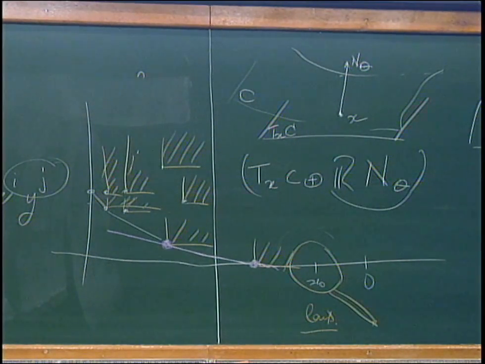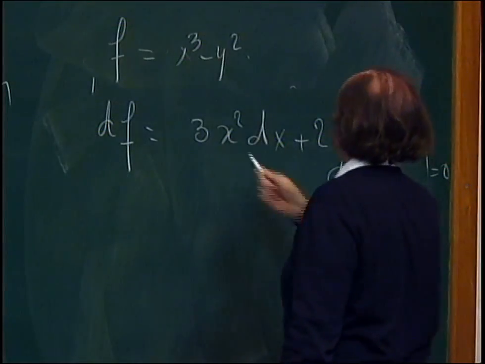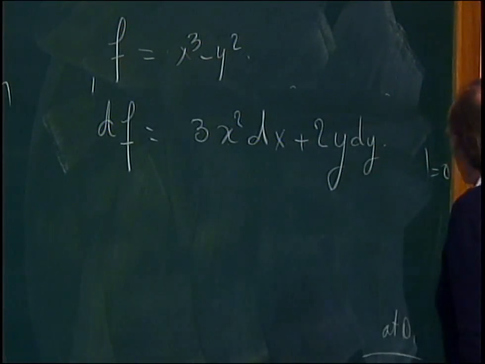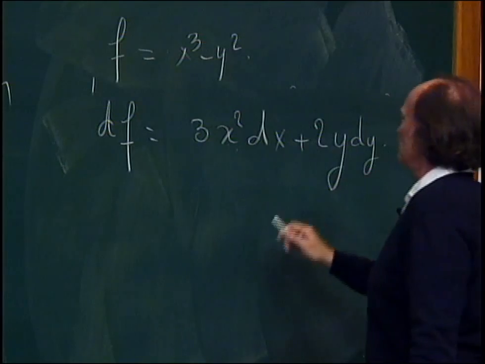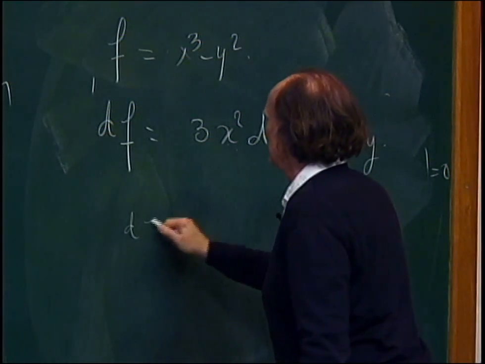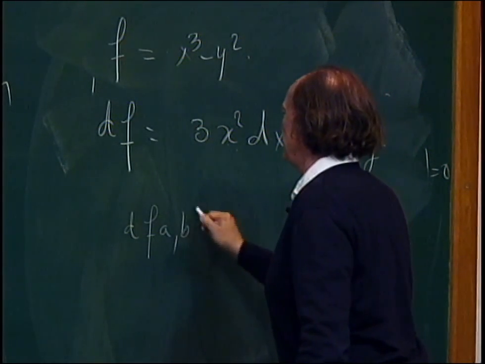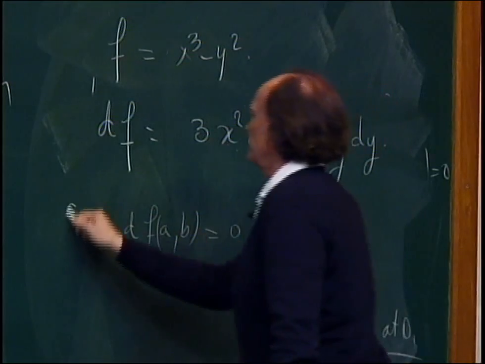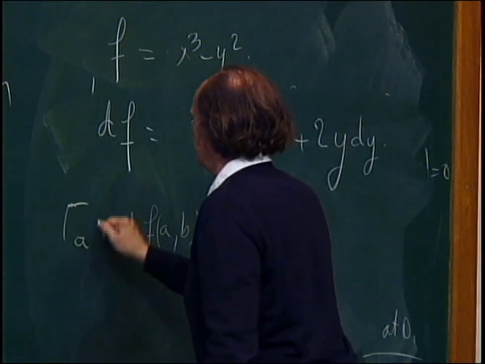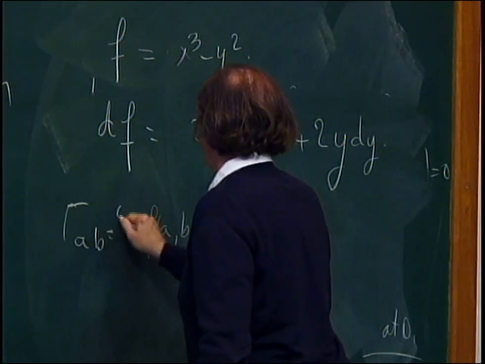So then it's not necessary to look at the polygon to guess what is the solution when you look at df of AB equals 0, which is one of the equations of one of the polar curves.